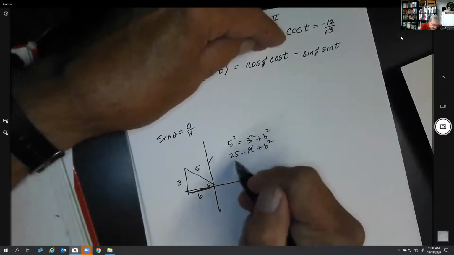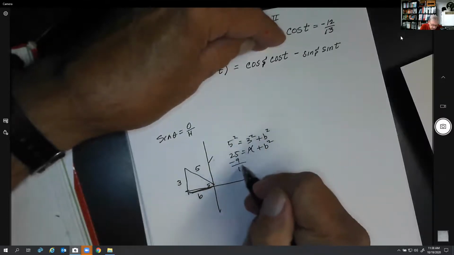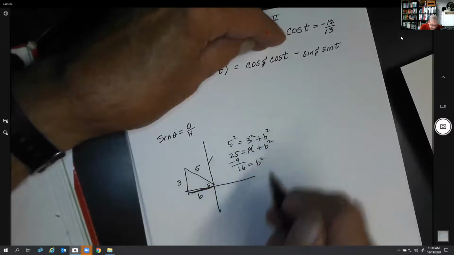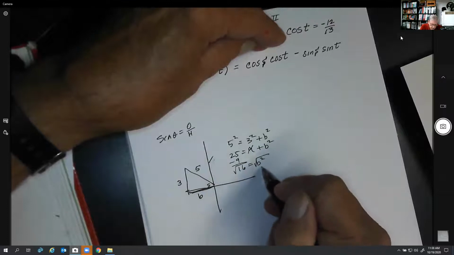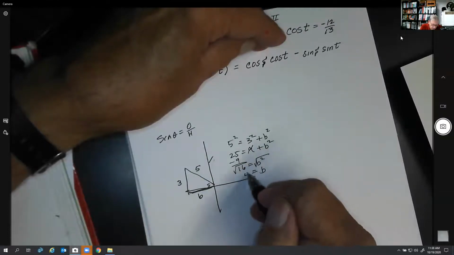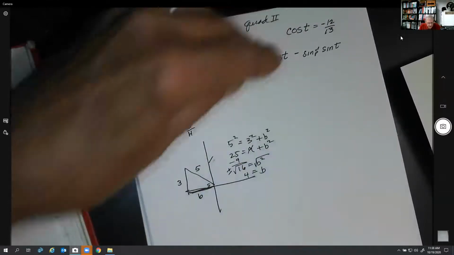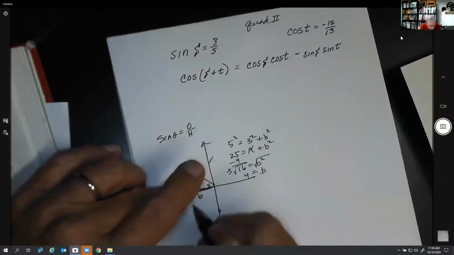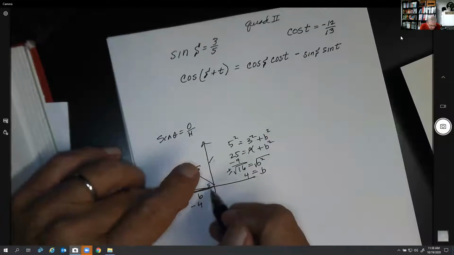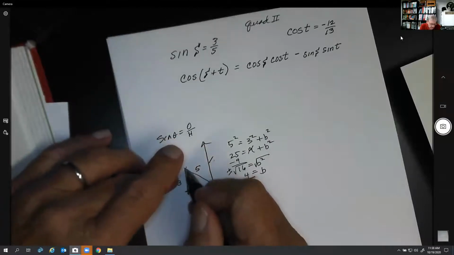Take the 9 to the other side. 16 equals b squared. Take the square root. B is 4, but remember this is a plus or minus, and we can see if this is an axis here, this is a -4 going this way. 3 up and then 5.